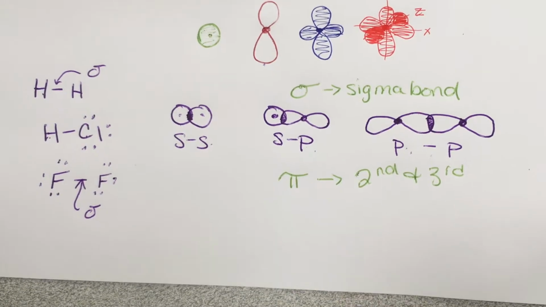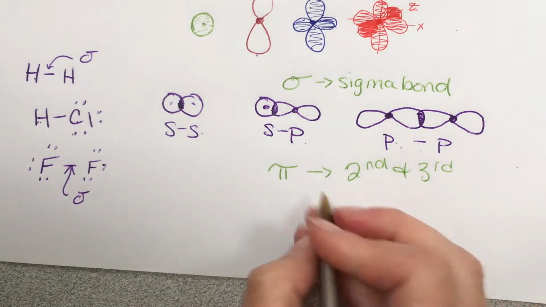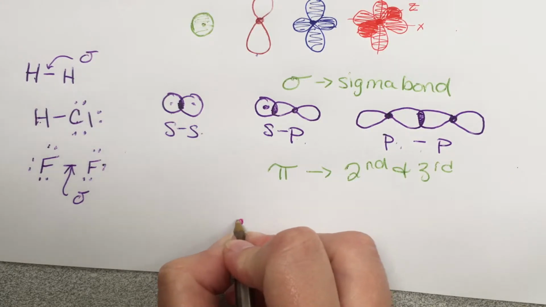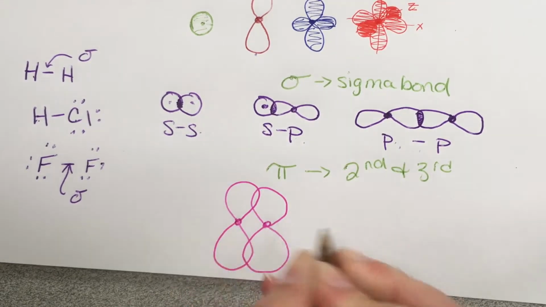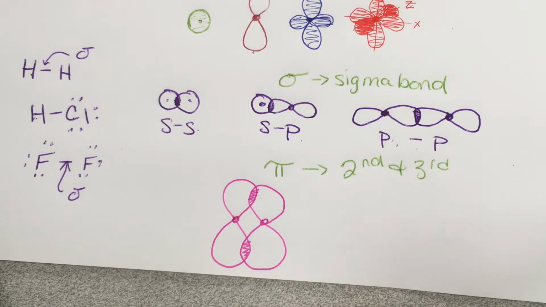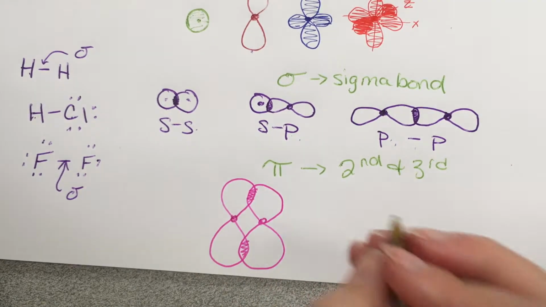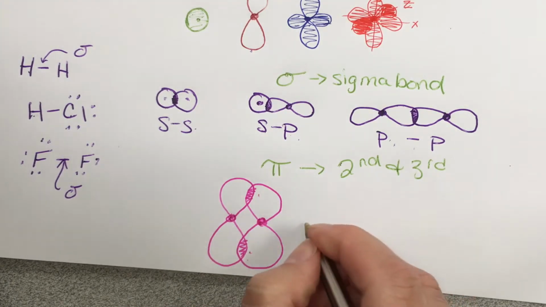Now pi bonds. A pi bond would look like when 2 p orbitals overlap each other, not head to head, but side to side. So you have side to side overlapping. That is a pi bond. And don't get confused thinking this is 2 pi bonds.